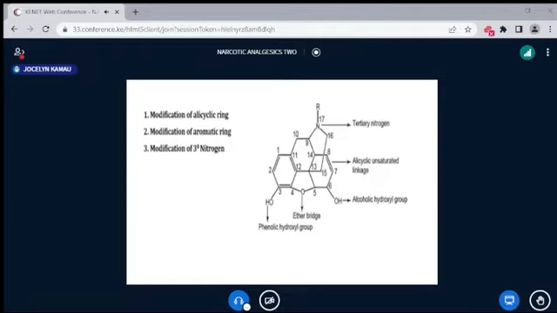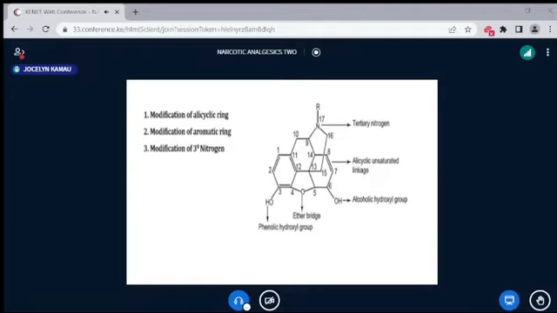You can also do modification on an aromatic ring. We have looked at this aromatic ring, and indeed the only change, of course, even this one is an alicyclic ring, and you have said you can even remove the interlinkage. So the only change here is on the phenolic hydroxyl group. No other change is allowed.